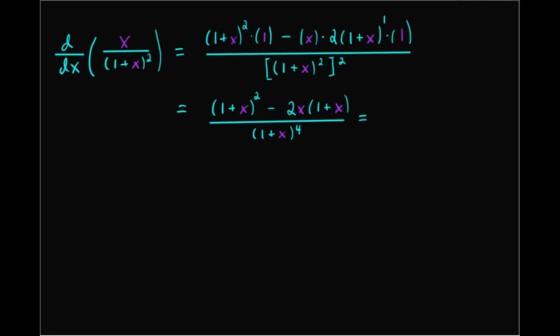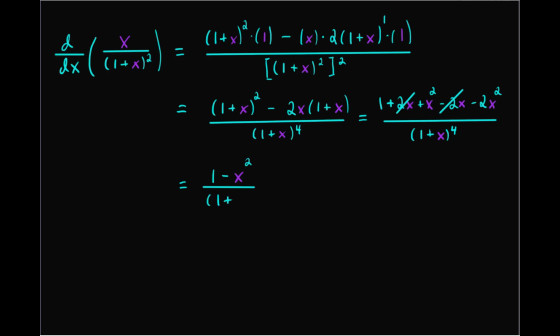And then when we multiply out these expressions in the numerator, we have 1 plus 2x plus x squared minus 2x squared all over 1 plus x quantity to the fourth. So those two x terms in the numerator cancel. And so then I have a plus x squared and a minus 2x squared, so I'm left with the numerator equaling 1 minus x squared all over 1 plus x quantity to the fourth.